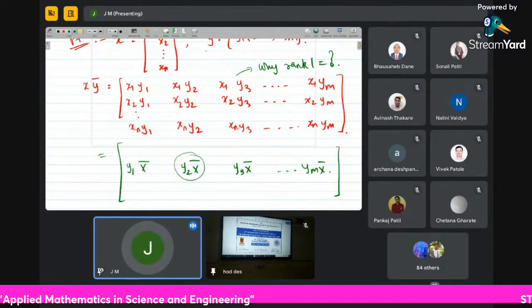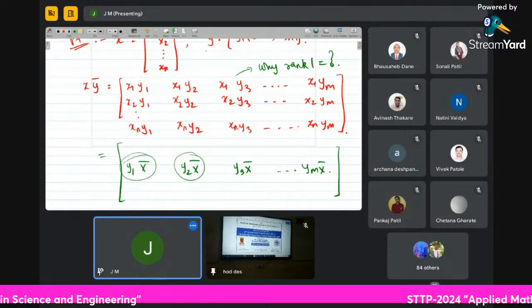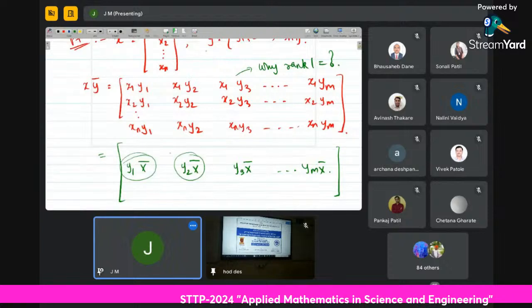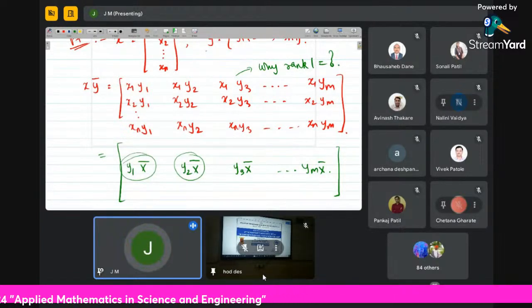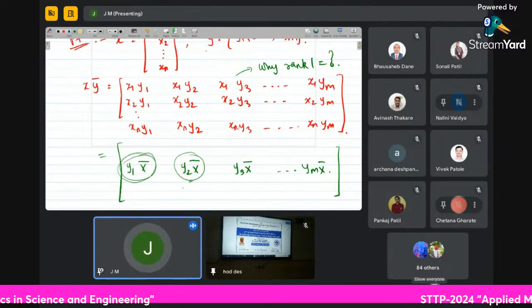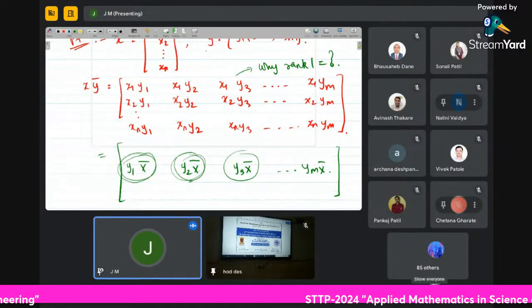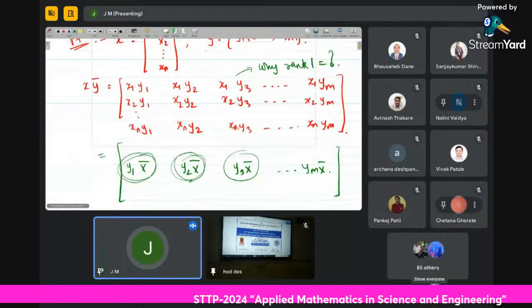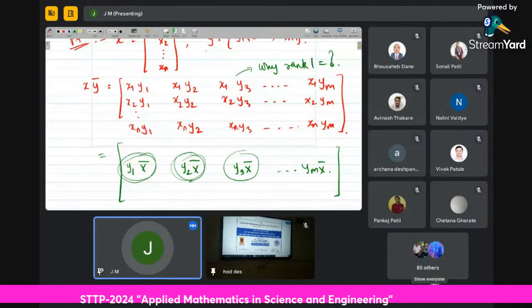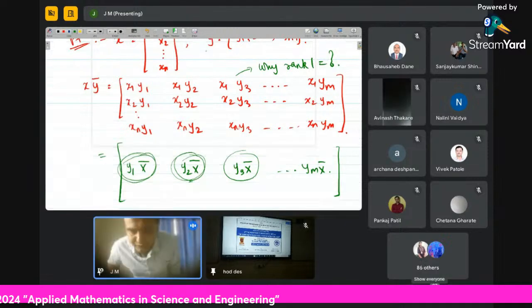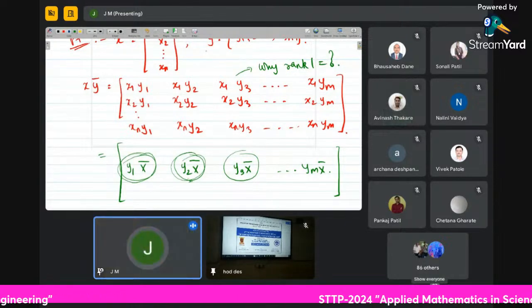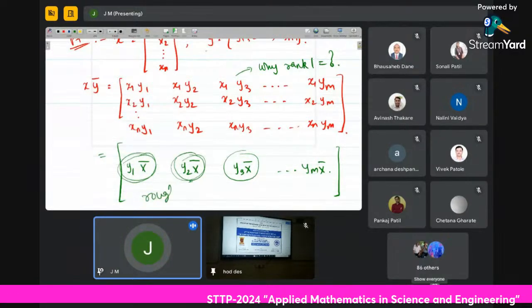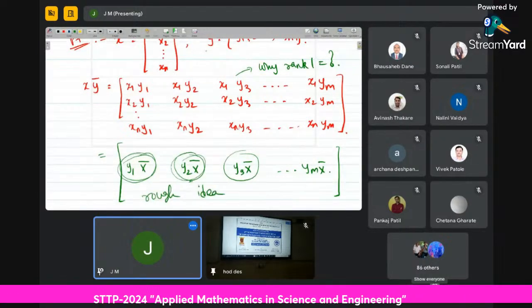Can you obtain this column from this column? Answer is yes, right? Because you multiply this by y2 upon y1, you get this column. Can you obtain this column from this column? Yes. So one can always obtain one of the columns from the other columns. So there's the rough idea. Therefore, the rank is 1.